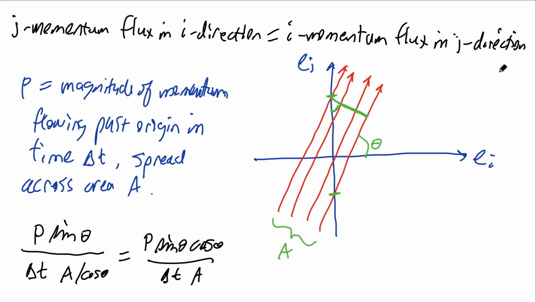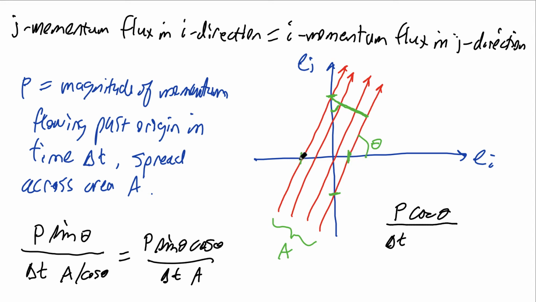Now let's compute the I momentum flux in the j direction. The ith component of momentum is p times cosine of theta, and we divide by the time interval delta t and by the area across a surface that's perpendicular to the j direction. So that's the area spanned by these momentum vectors from here to here.